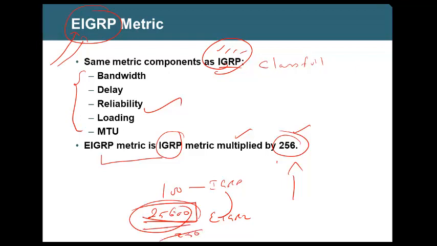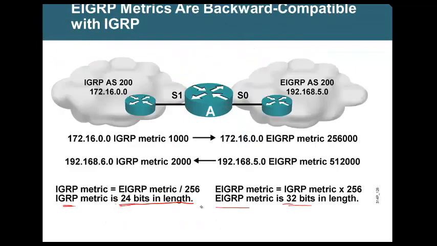So if you want to convert from IGRP to EIGRP, that is what is explained in the last page, you need to multiply. If you want to convert from EIGRP to IGRP, you need to divide the EIGRP metric. Because IGRP is only 24, so you need to divide. And EIGRP is 32, so you need to multiply.